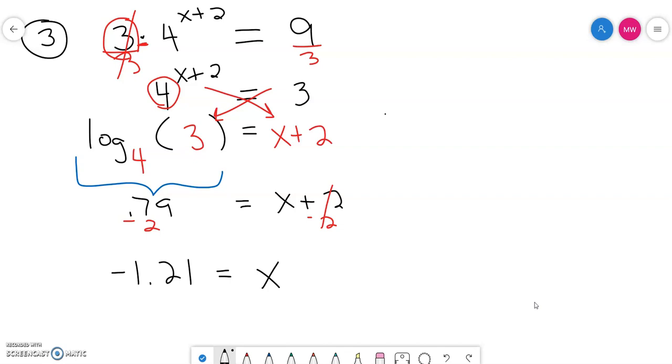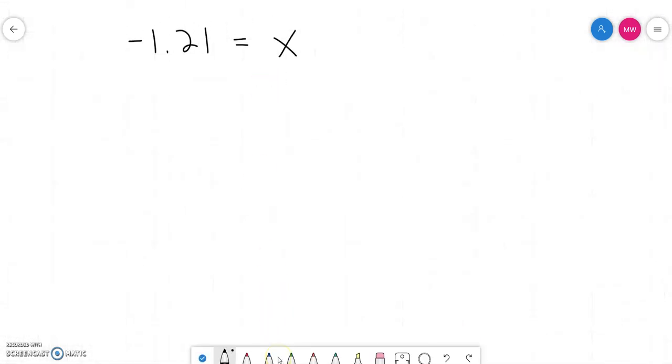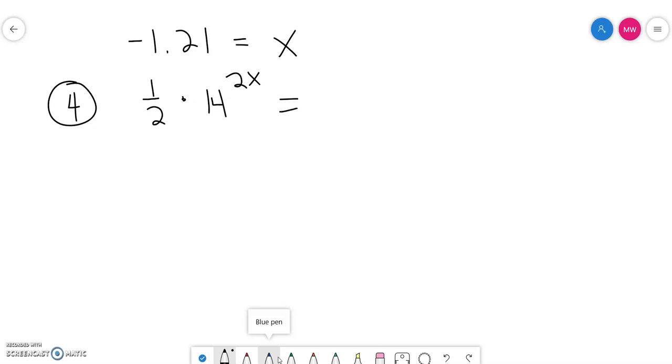All right, let's take a look at a similar problem that involves fractions. All right, this one is going to be example number 4 off of the checkpoint. We have 1/2 times 14 to the 2x power equals 24.5.